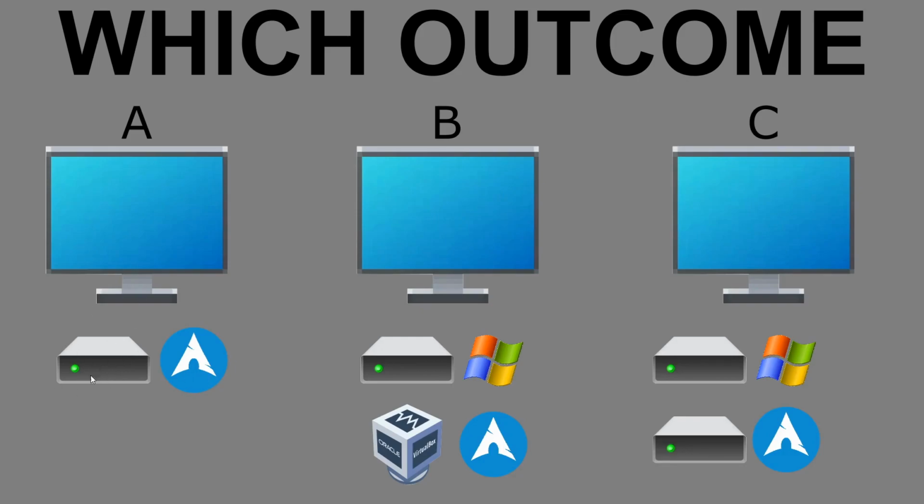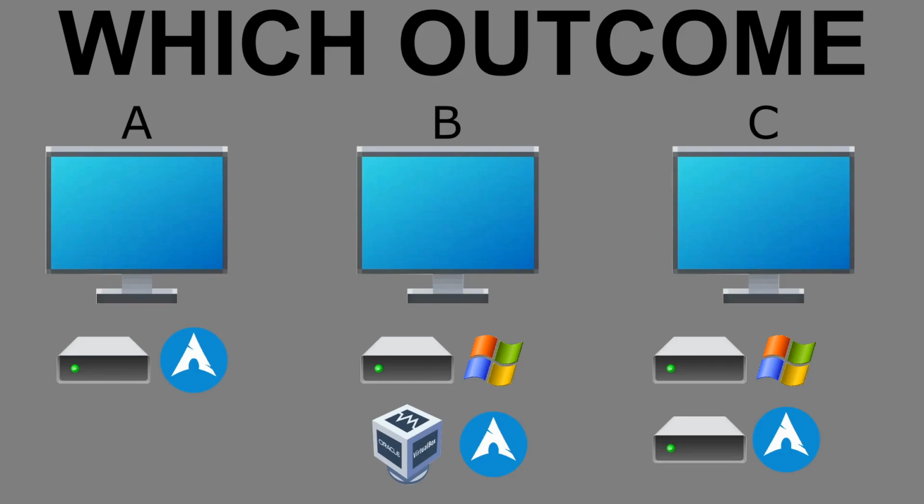In A, we want to find the drive where to put Arch Linux, and in C, we want to ignore the drive where we have Windows and find the one where we will put Arch Linux. B is a simple case because in VirtualBox, you don't have any other options. There's only one disk. So this is the goal of this step, to identify them.